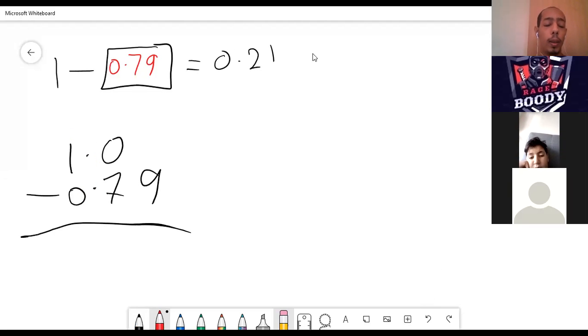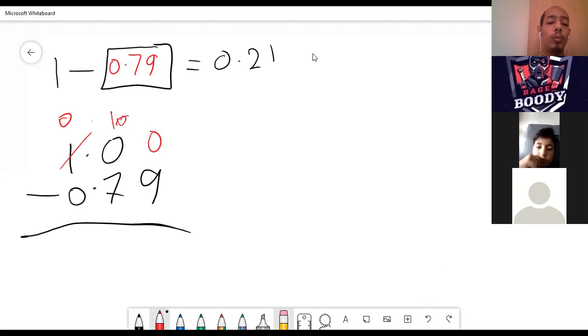So after you align the decimal point, you start subtracting from the right. 0 minus 9 cannot, you have to borrow. This becomes 0, this becomes 10.